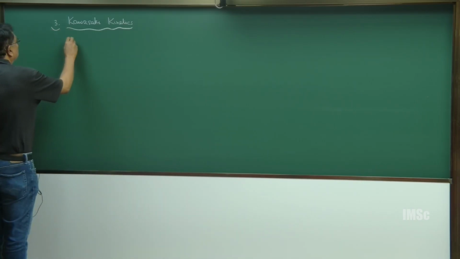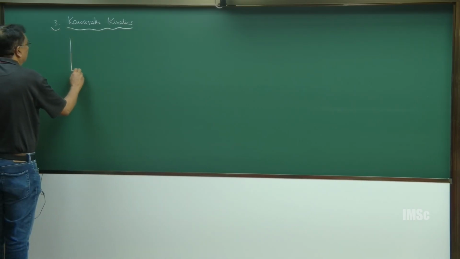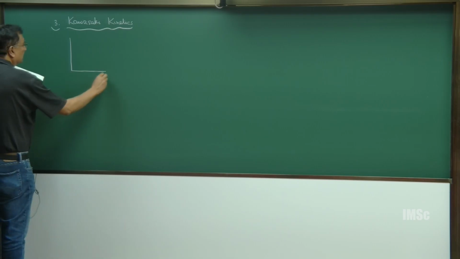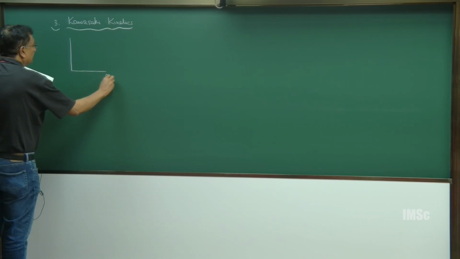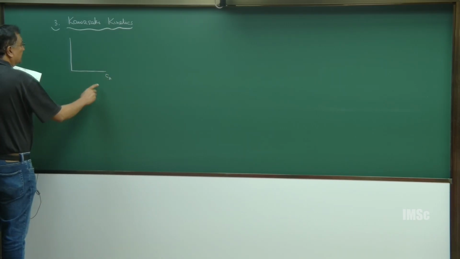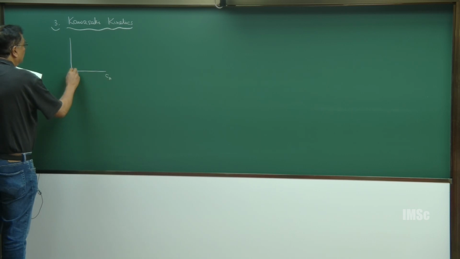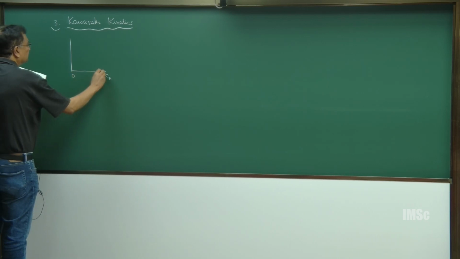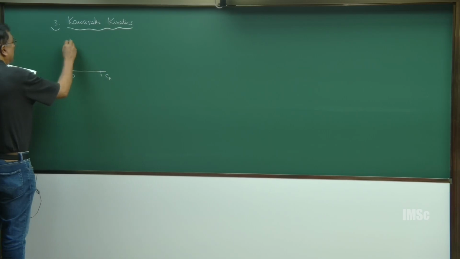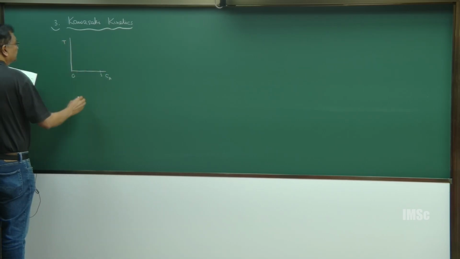Let me just remind you of the problem. You have a phase diagram, let's say, of an oil and water mixture. That's the fraction of oil, which ranges from 0 to 1, and on this axis you have the temperature.